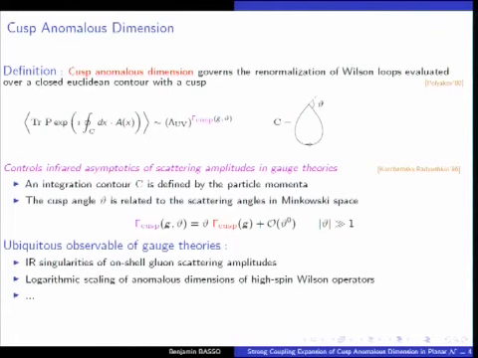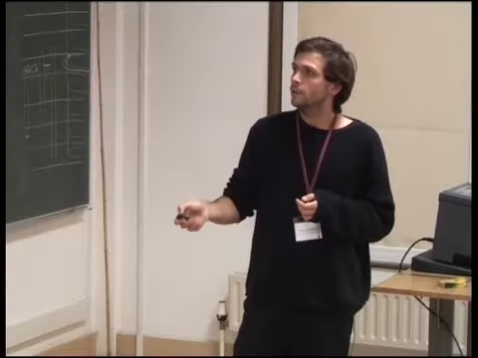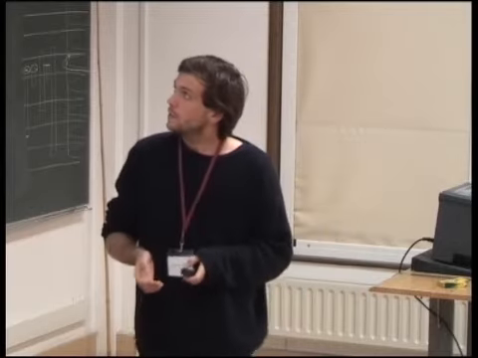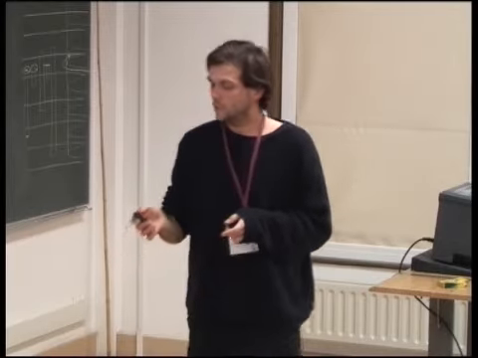There, the angle is now a hyperbolic angle, and in the limit of very large angle a new object can be defined, and this is the Cusp we are considering in this talk. This object is present in many places in gauge theory, like infrared singularities, as was discussed yesterday, and logarithmic scaling of anomalous dimensions. This is the subject I will now present.